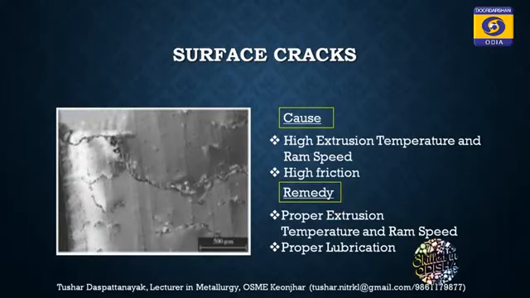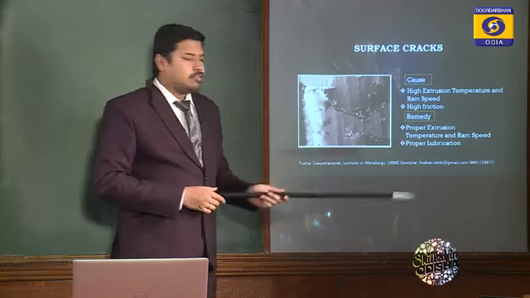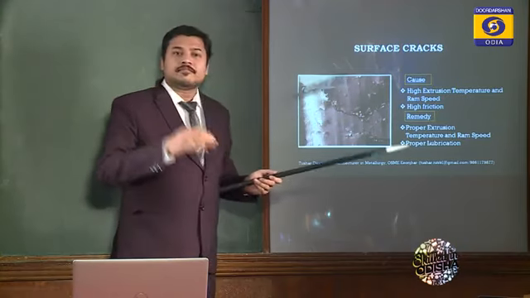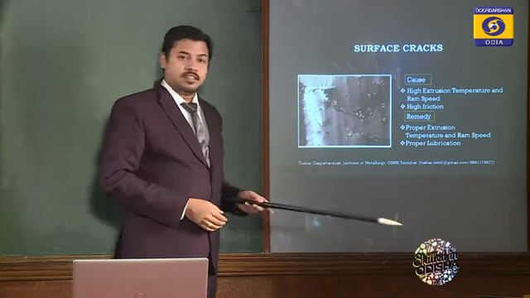This is a real picture of an extruded product. See the cracks, surface cracks. What is the cause of it? Because of high surface temperature, or high extrusion temperature and high ram speed. These surface cracks occur because of high extrusion temperature and high ram speed.